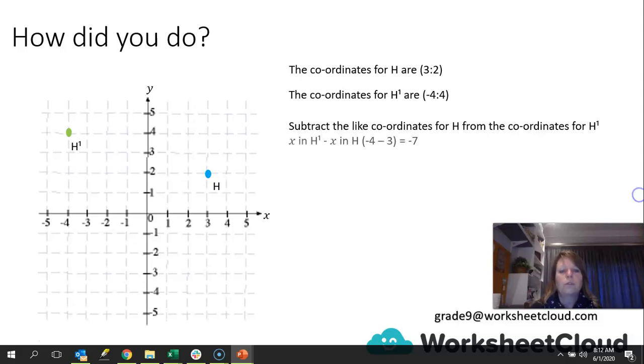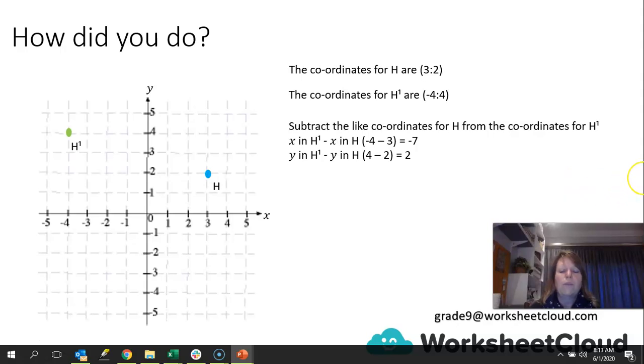So the first thing we'll do is x in h1 minus x in h. Okay, x in h1 is minus 4, and we're going to subtract 3 from the minus 4, and we're going to get minus 7. So straight away we can say, if I move it to the left 7 places, is that correct? 1, 2, 3, 4, 5, 6, 7. Right, that is correct so far.